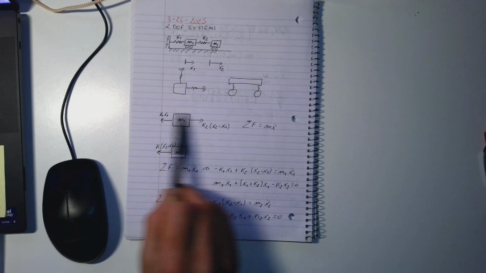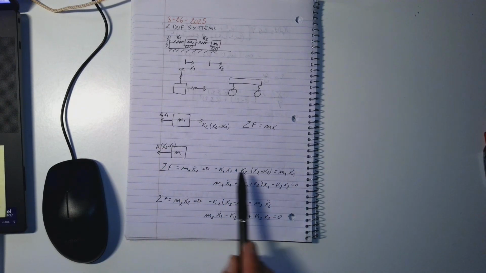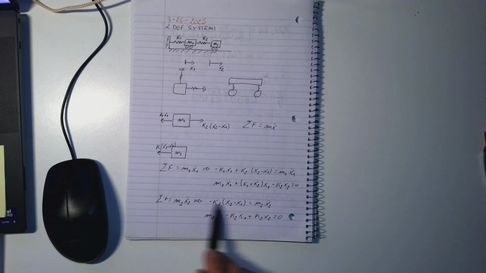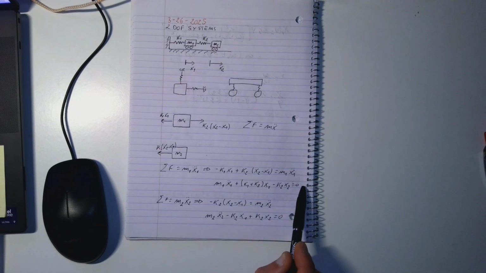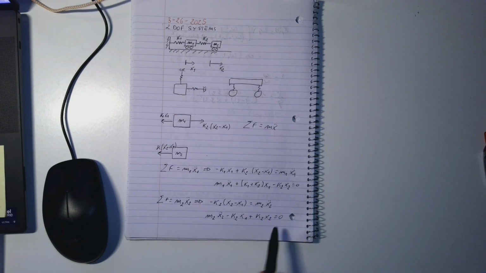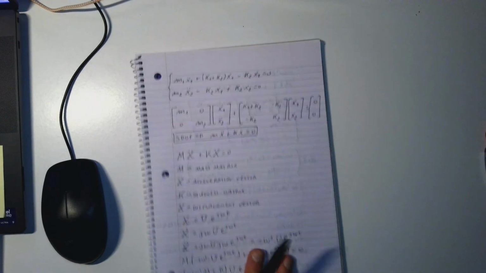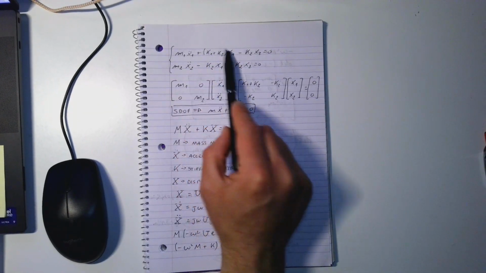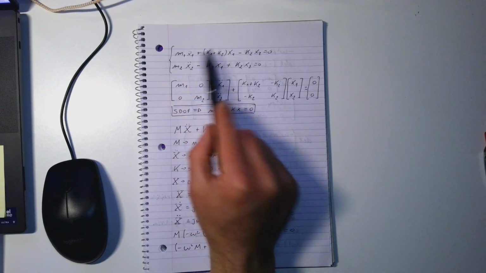In this case, of course, all the forces are in the horizontal direction, so we can consider all the forces for the first mass, all the forces for the second mass, and then we can rearrange and we obtain these two equations. This is for the first mass, this is for the second mass. We can rearrange in order to order according to the degree of freedom.